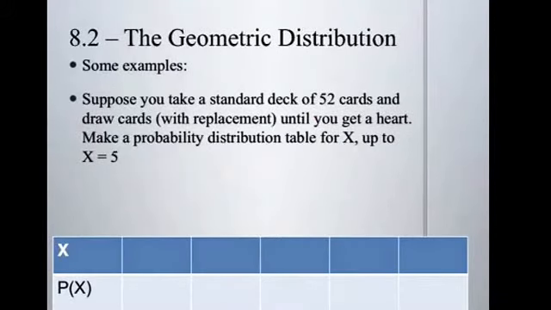Alright, so let's see what happens to our probability the more we draw cards. Suppose you take a standard deck of cards with replacement until you get a heart. Make a probability distribution table for x up to x equaling 5. Well, we have to think about what number we are going to start with. With binomial, we start with 0 because we can have 0 as a number of people in a set of observations or a set of test questions.